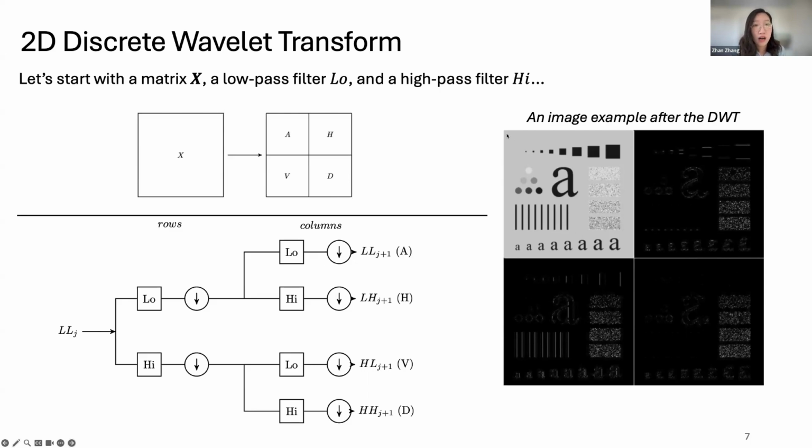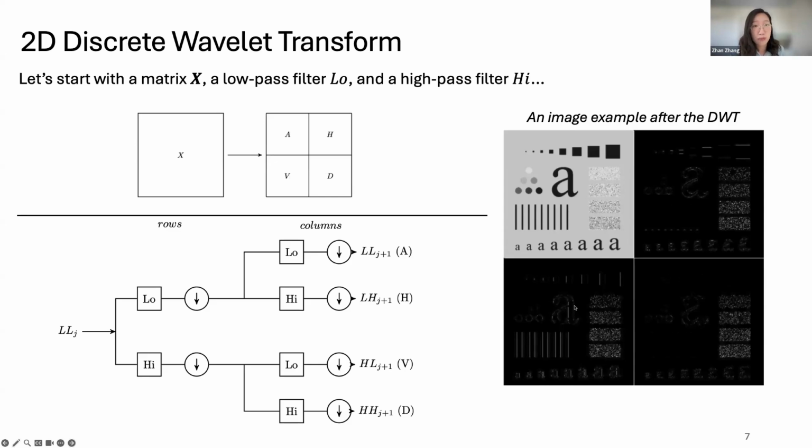So again, the upper left image here is our approximation, meaning that it captures the large-scale structure of the original image, except that it's now with much coarser spatial resolution. And the upper right image here is my horizontal detail matrix. And I'm not sure if you can see it clearly on your screen, but here I can see some horizontal edges of the squares here.